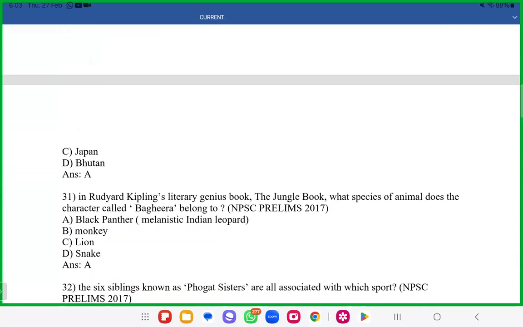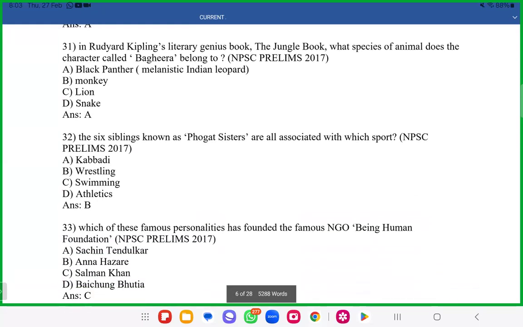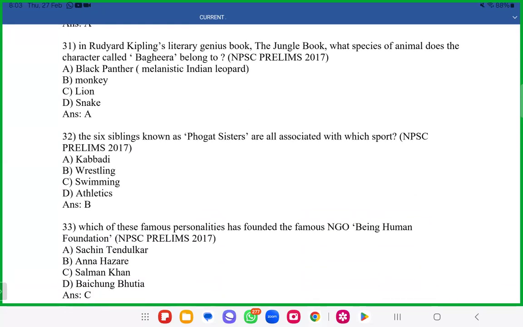In Rudyard Kipling's book The Jungle Book, which species of animal does the character Bagheera belong to? This will come under books and authors. Then, the six siblings known as the Phogat sisters are all associated with which sport? This will come under persons in news.